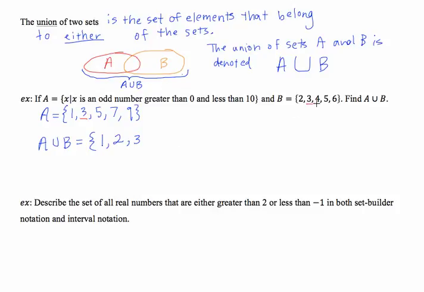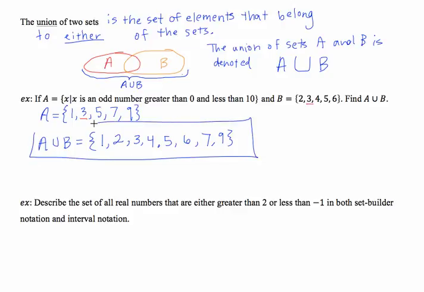Next we do have a 4 from set B. We have a 5 in set A, and in set B, it's in both. We have a 6 in set B. We have a 7 in set A, and a 9 in set A. So the set, which is the union of A and B, is the set containing 1, 2, 3, 4, 5, 6, 7, and 9.